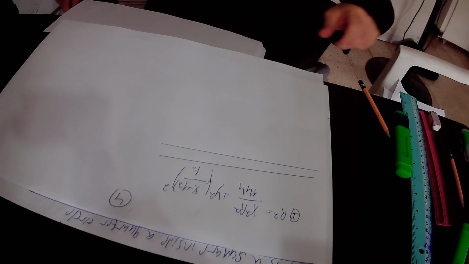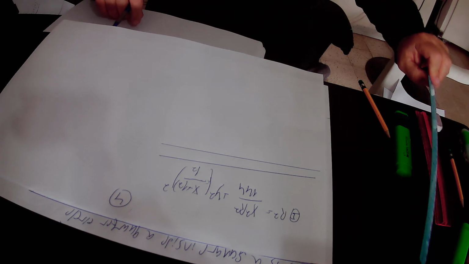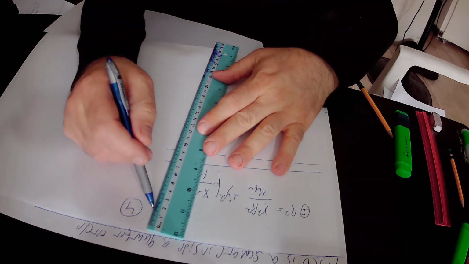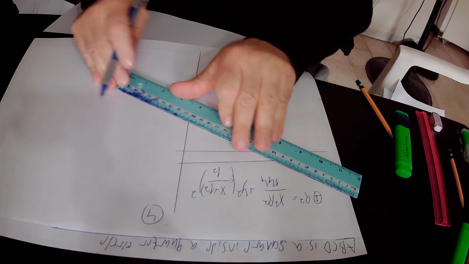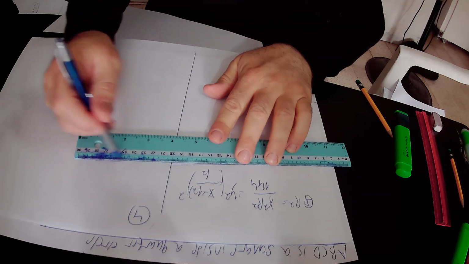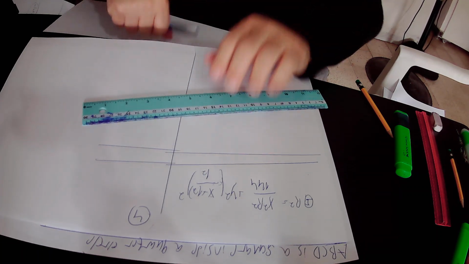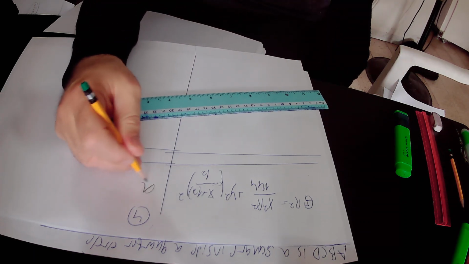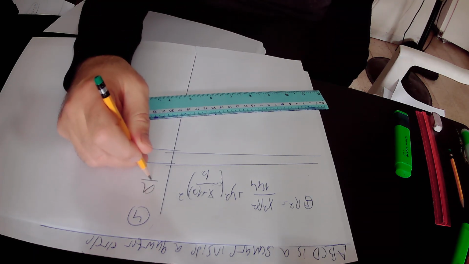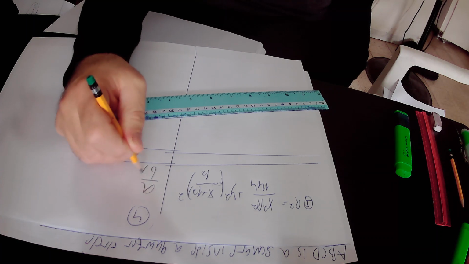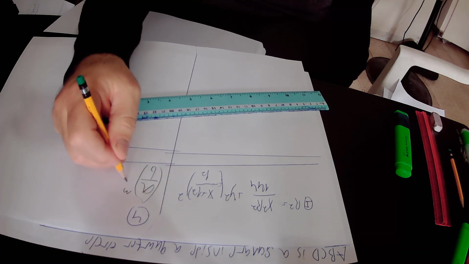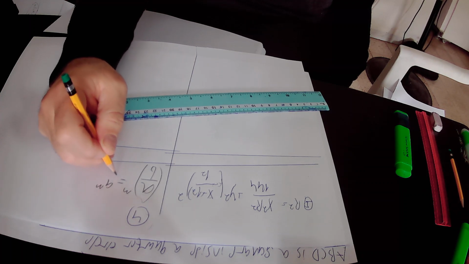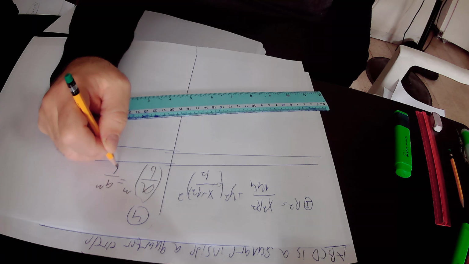So here we use the following algebraic identity, that a over b to the power of m equals a to the power of m over b to the power of m.